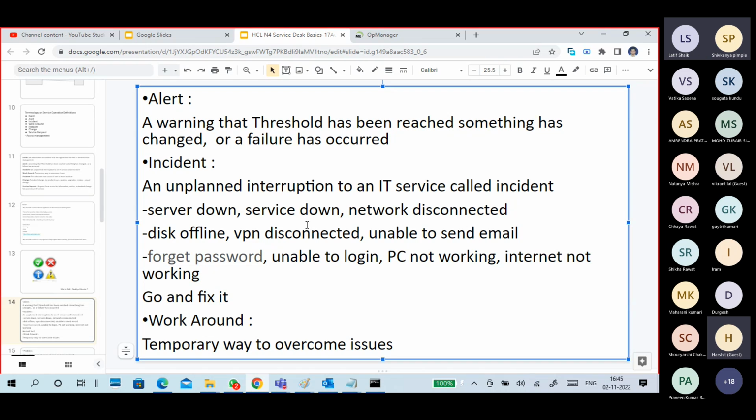Guys, whenever an incident occurs, you have to go and fix it. For example, you are going to office or to college and your bike gets a puncture. It is an incident, an unplanned interruption. If your bike is punctured, what will you do? You'll go and fix it.